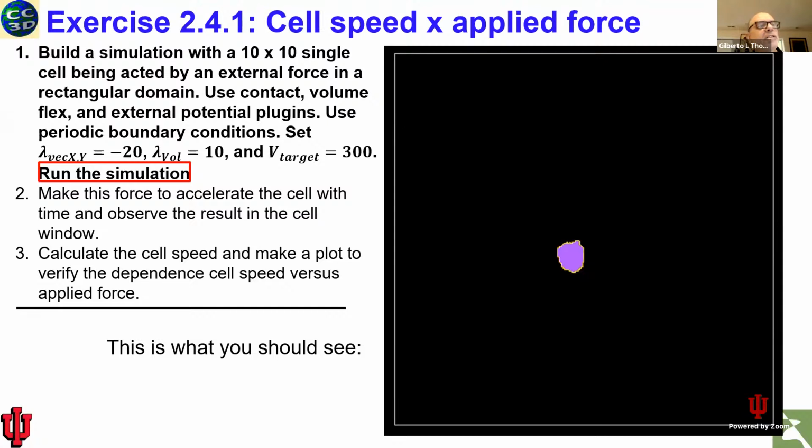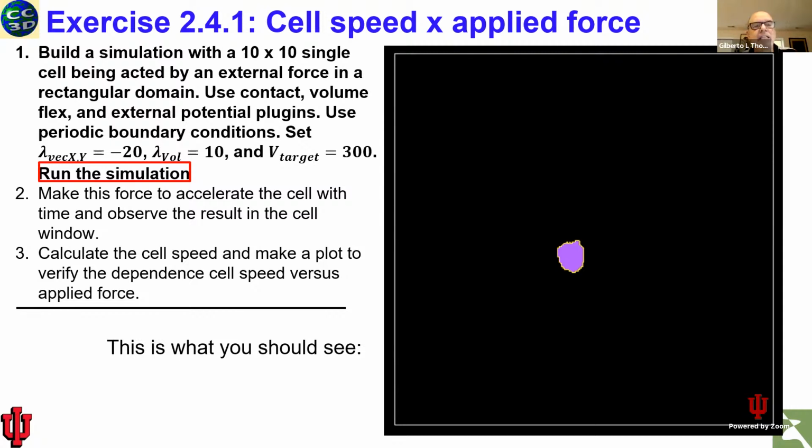Yes, because we have put at the beginning both lambda vectors equal in both directions, x and y. So the cell will move along the diagonal of your coordinate system.